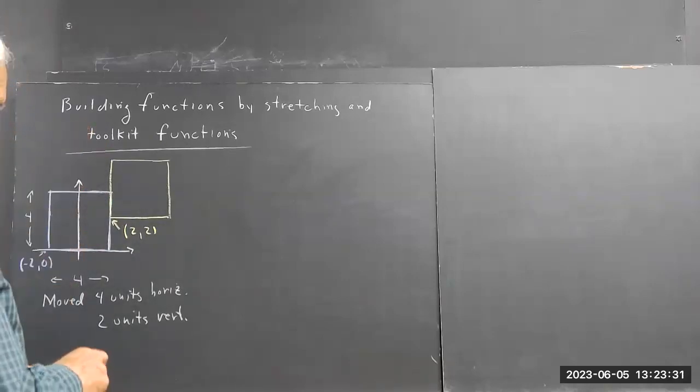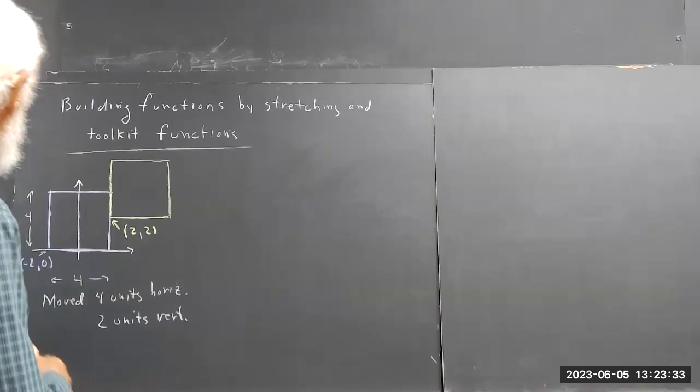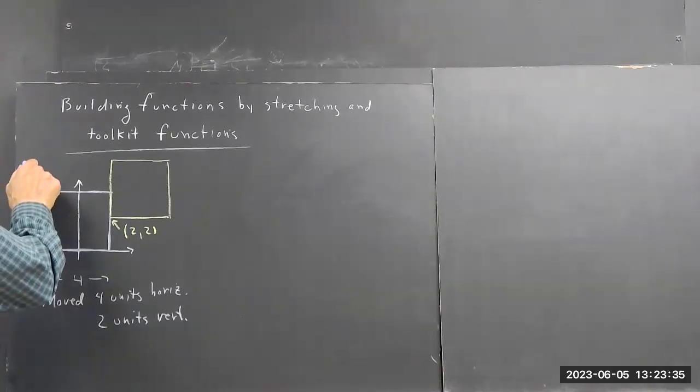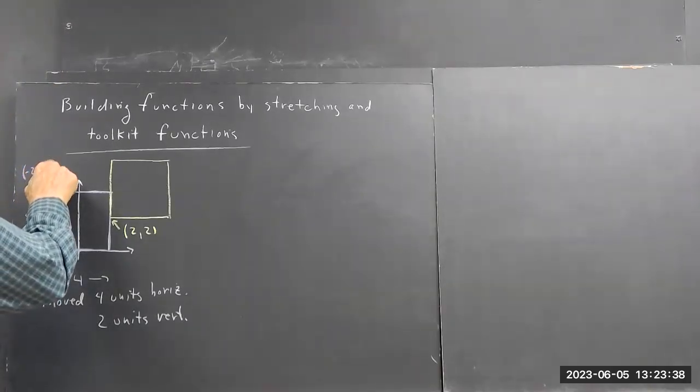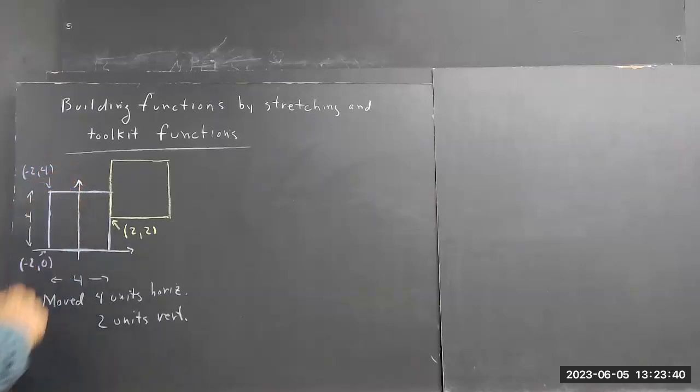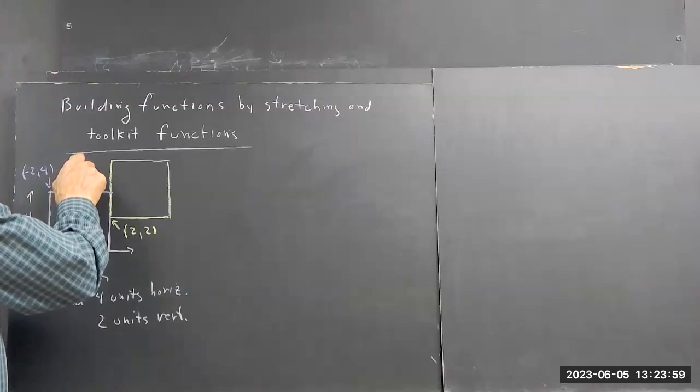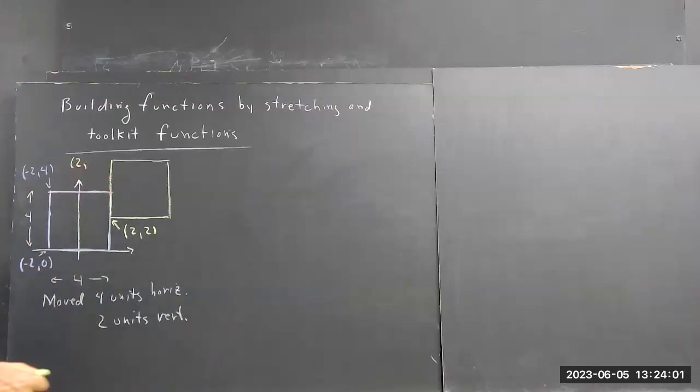So take the coordinates of this point, which are -2, 0, and you should be very familiar with that by now. Okay, so we move it over 4 units horizontally. We start at x coordinate -2 and move it 4 units. We're going to end up at x equals 2. So the x coordinate will be 2. And the y coordinate is going to have to move up 2 units.